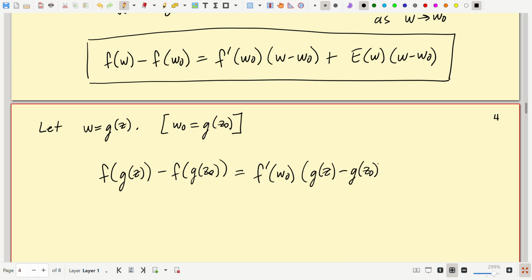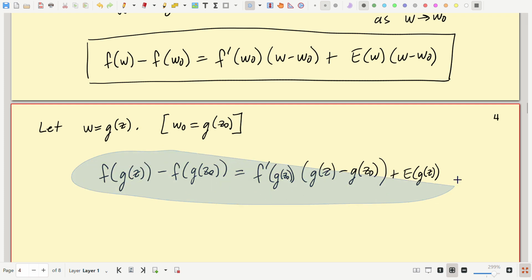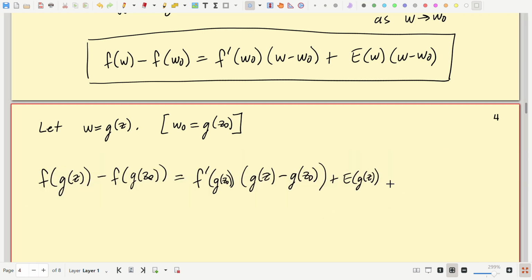I guess I should, as long as I'm sticking with this, put a G of Z naught here. Oh, plus E of W, E of G of Z, times G of Z minus G of Z naught. Okay, all I did was replace things in that box.